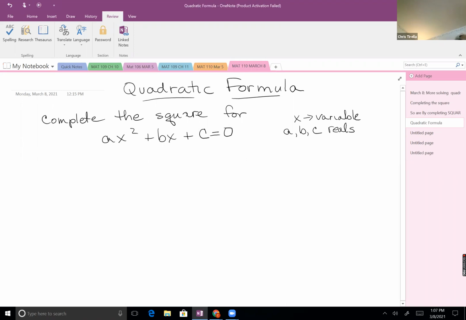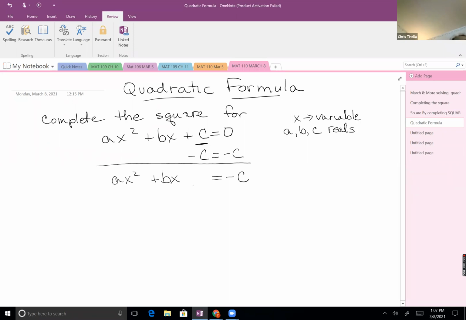So completing the square, we said the first thing that we wanted to do was get that constant term alone. Here our constant term is c, so I'm going to subtract c from both sides. That gives me ax squared plus bx equals -c.